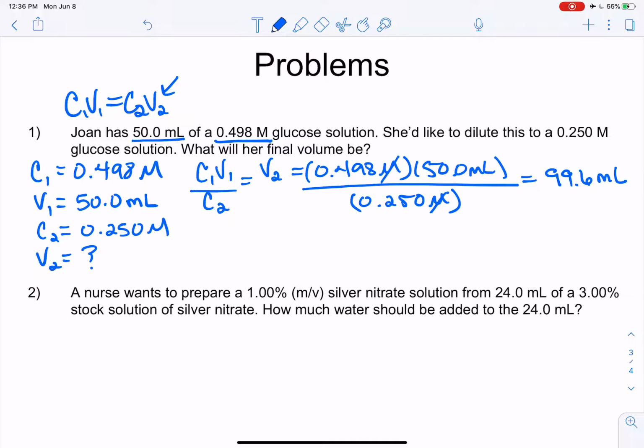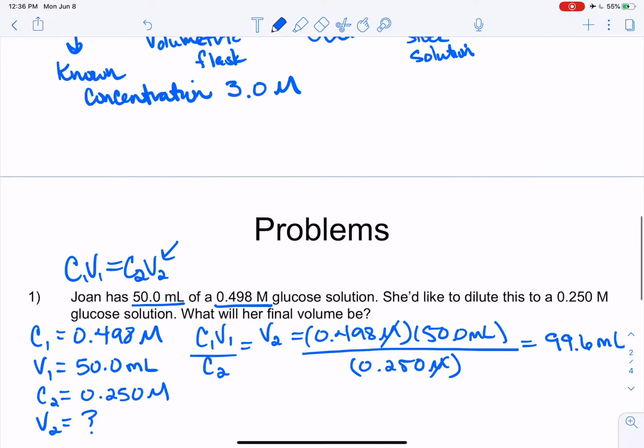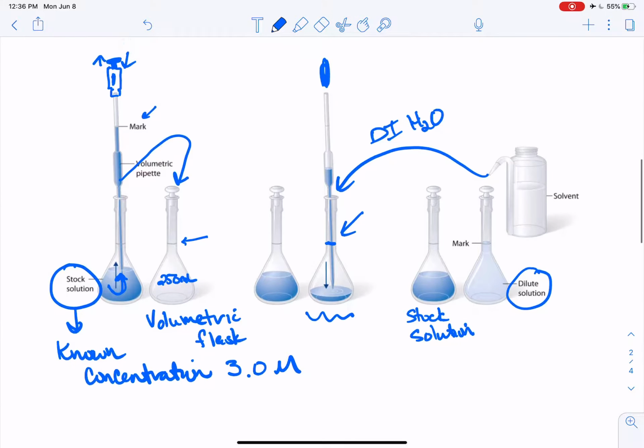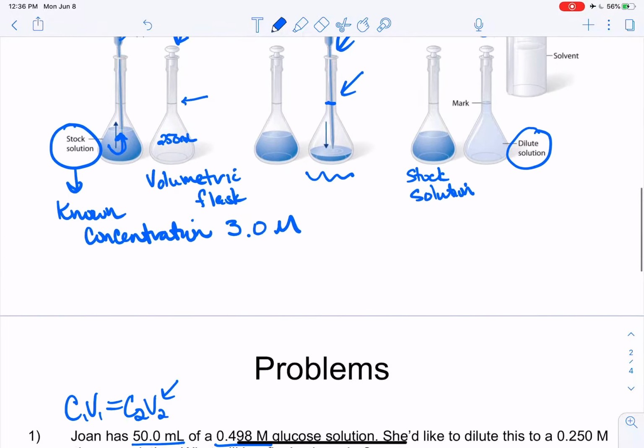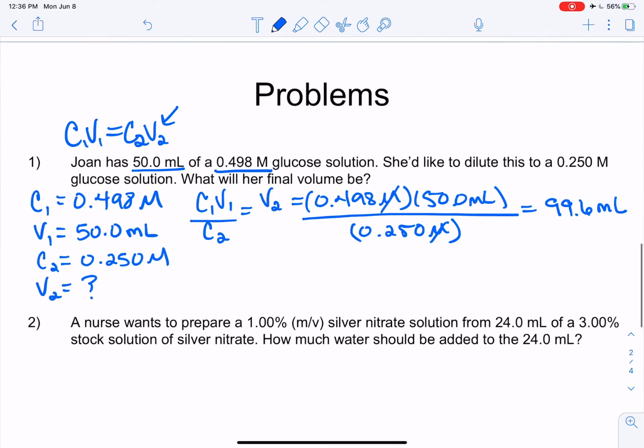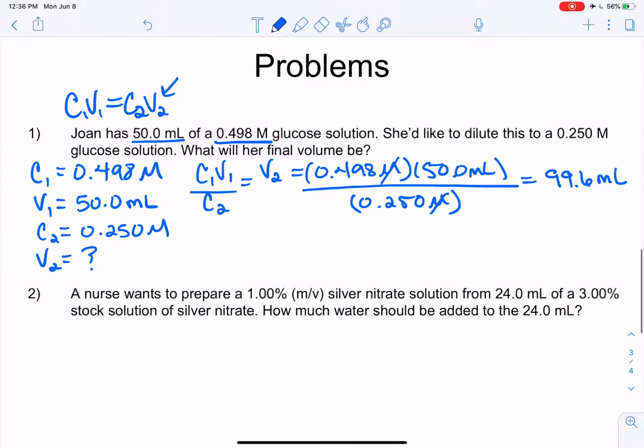of 99.6 milliliters. Now, volumetric flasks don't tend to come in volumes of 99.6. They tend to come in standard volumes like 50 milliliters, 100, 200, 250, 500. So if you have a final volume like 99.6, you would probably use a different measuring device like a graduated cylinder.